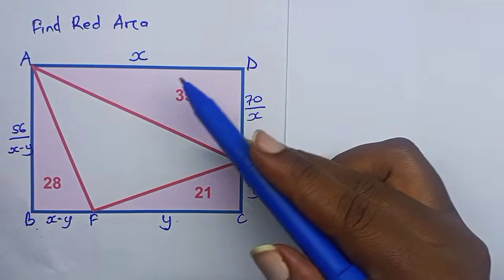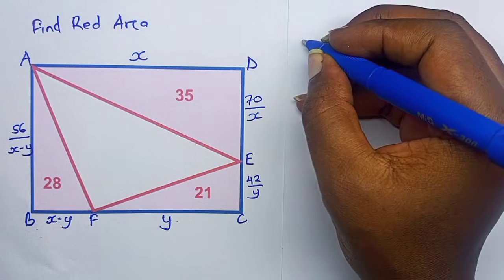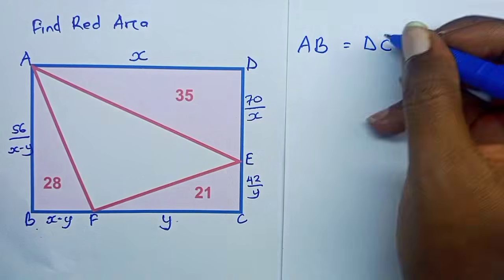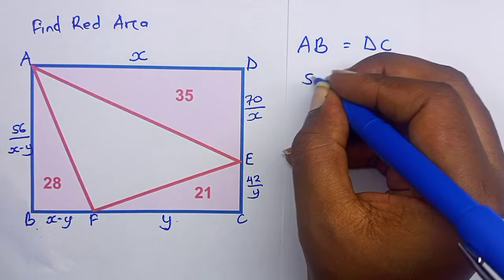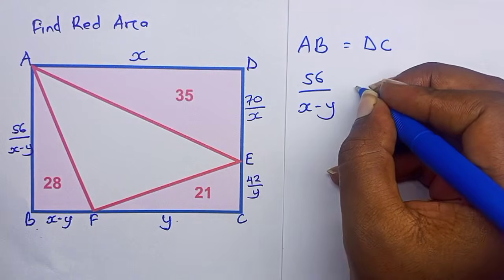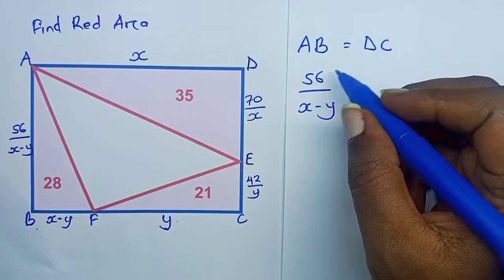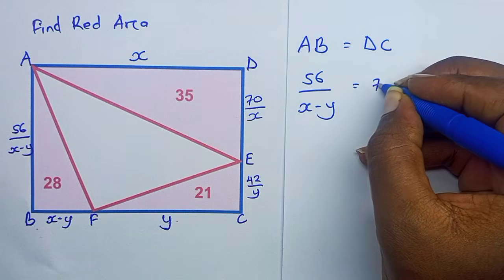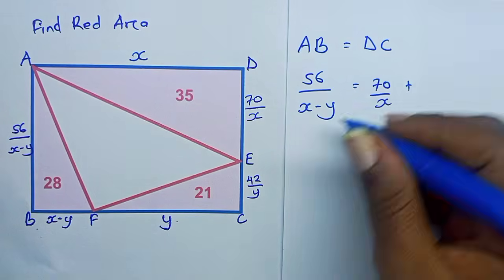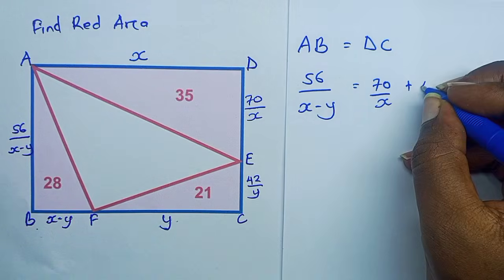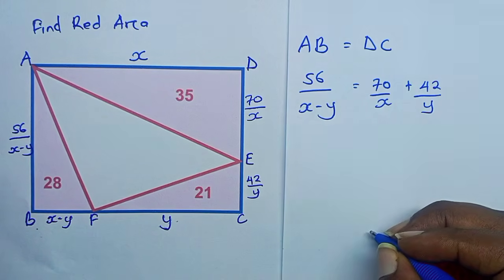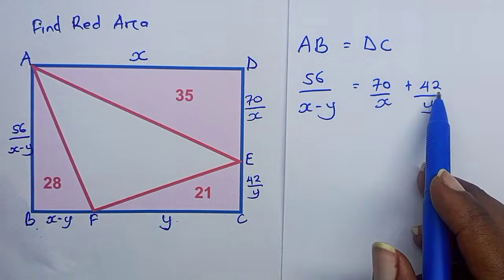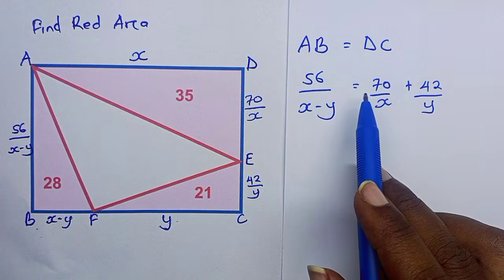Now, since this is a rectangle, that will mean that side AB is equal to side DC. And our AB is 56 over x minus y, while our DC is 70 over x plus EC, which is 42 over y. As you can see, all these three values can be reduced.